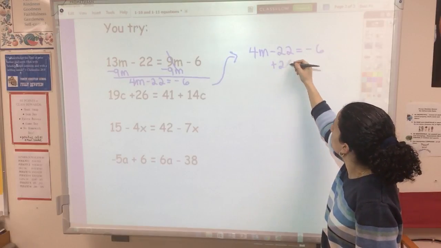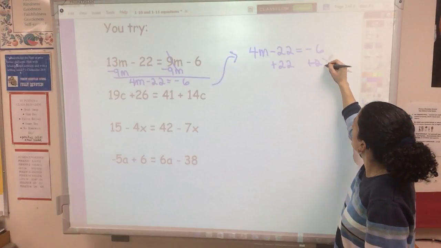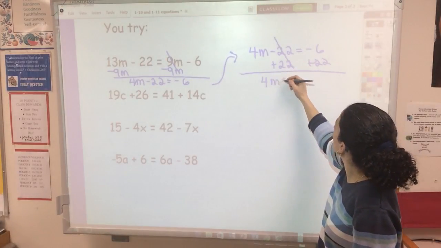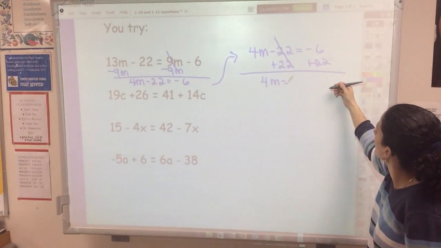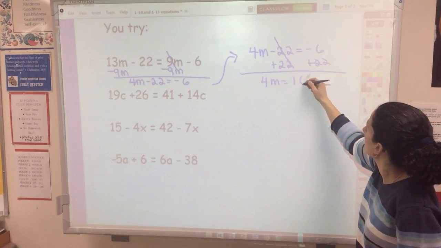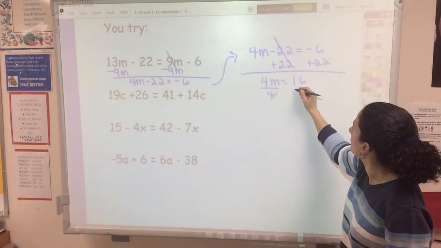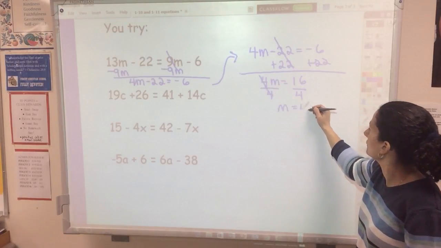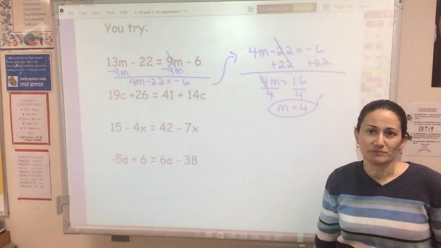I'm going to add 22 to both sides. That will cancel that. And I've got 4m equals, what do I get there? Positive 16. Divide both sides by 4. And m equals 4. How'd you do?